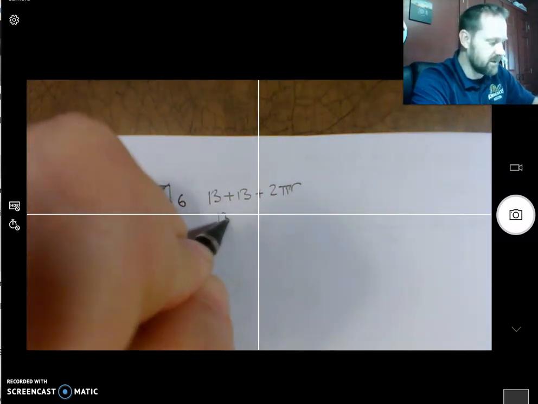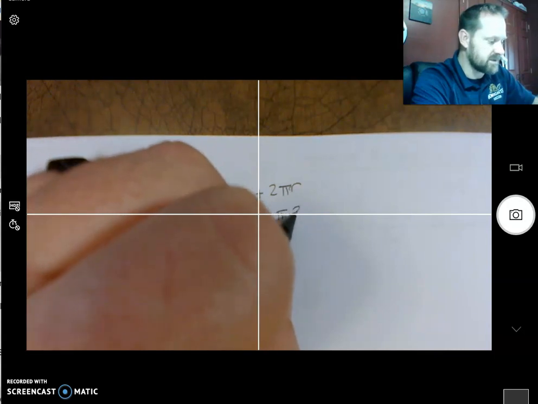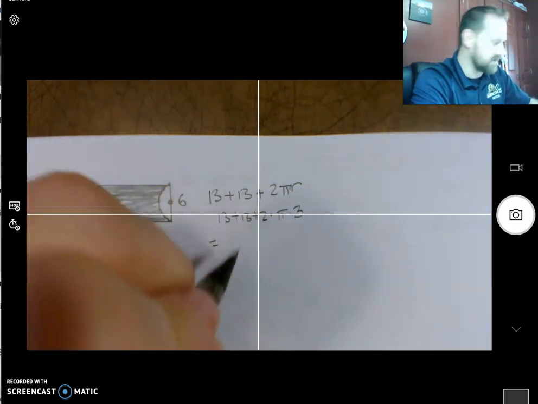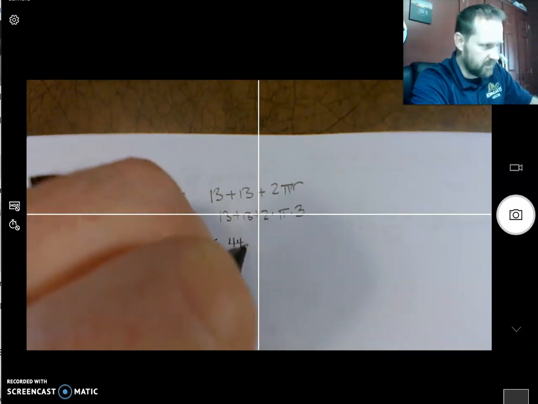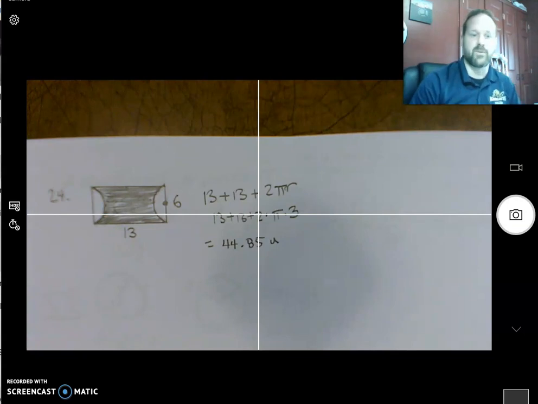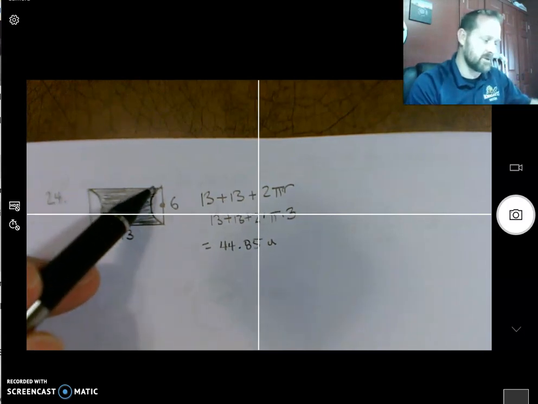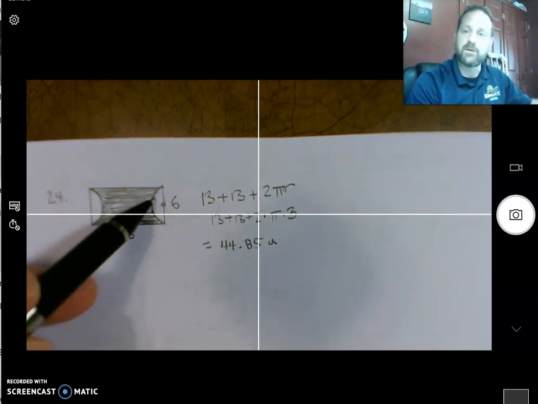So 13 plus 13 plus 2 times pi times 3, and that answer turns out to be 44.85. They didn't provide units, so we're just going to write 44.85. That would be the perimeter of the shaded region. The hardest part, of course, is the curvy portion.